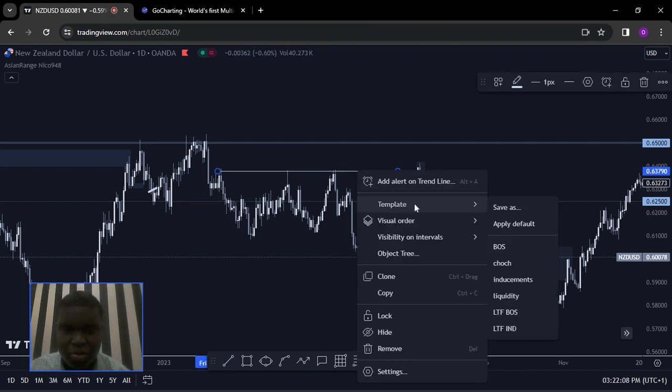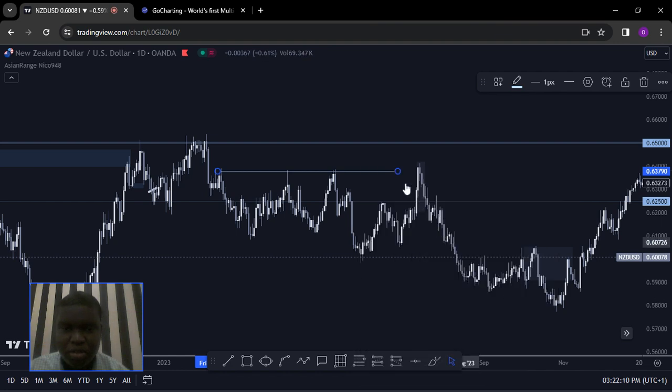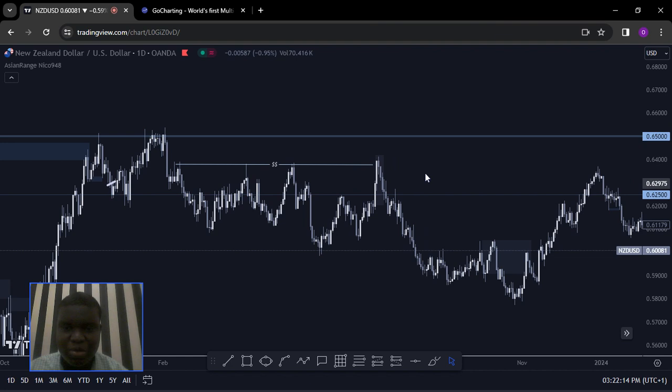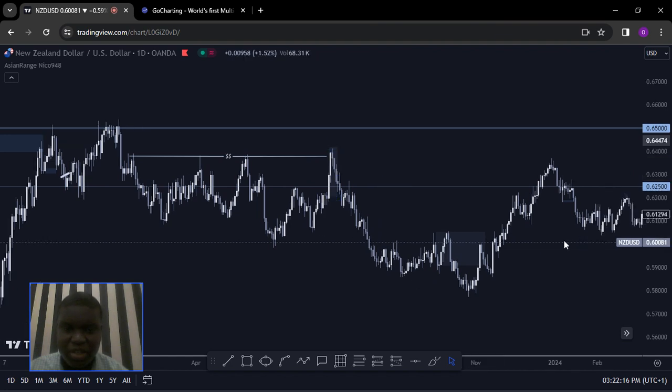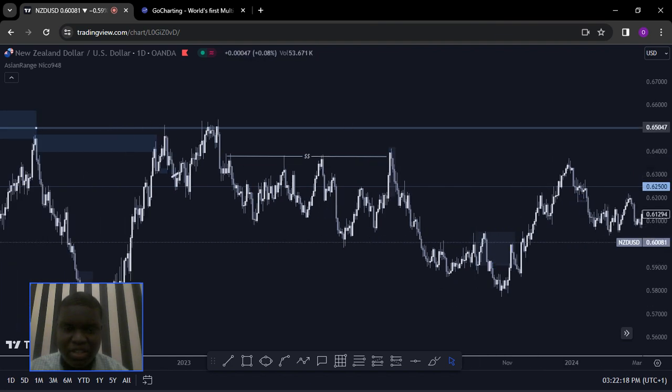All of this was liquidity. So this move has taken it out. So as a result, we're expecting the market to come back into this move. After taking the liquidity, it also broke structure to the downside.